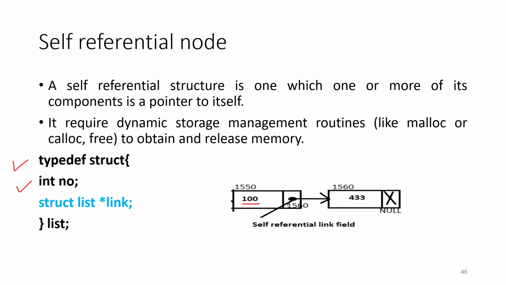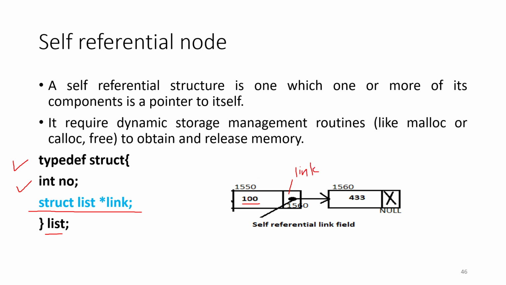Other is the link field. That is a pointer. It holds the address of the next node. Remember that it should be given like this. It is a structure pointer. Structure name is list. Struct list. It is a pointer, so star link. This field name is link, and the first field name is no.